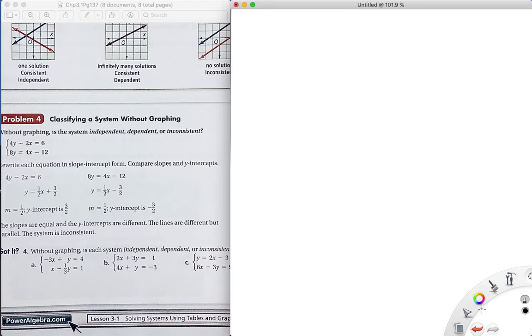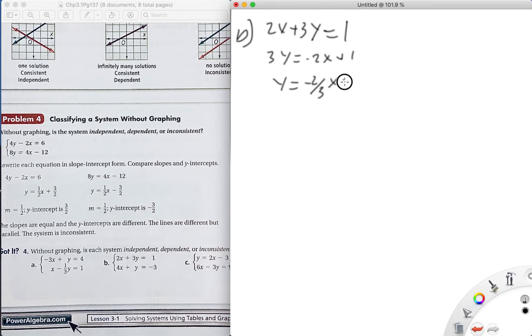For B, we have 2x plus 3y equals 1. That's 3y equals negative 2x plus 1. y equals negative 2/3 x plus 1/3. That's our first equation.